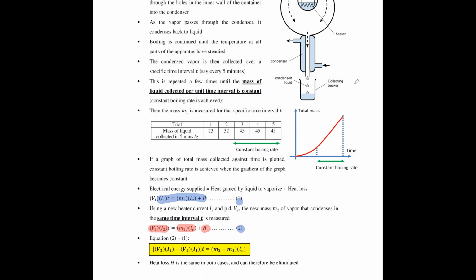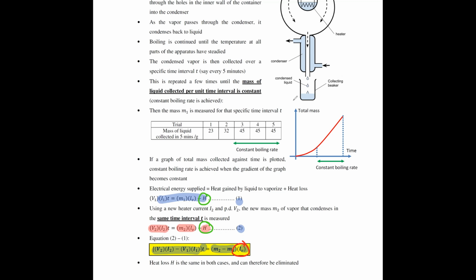Assuming that this heat loss H and this heat loss H are the same, if you take equation 2 minus equation 1, they will cancel each other, leaving you with this final expression: V2 I2 minus V1 I1 times t equals M2 minus M1 times Lv, from which you can find out your specific latent heat of vaporization.